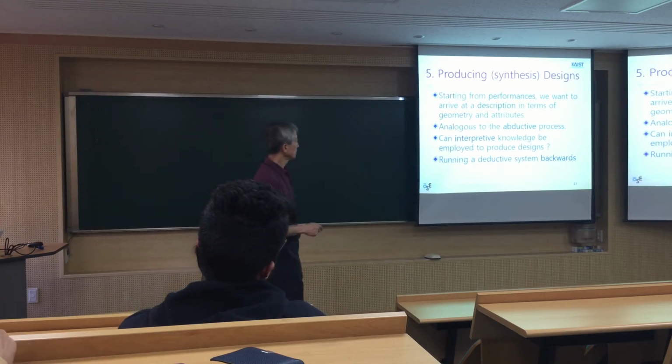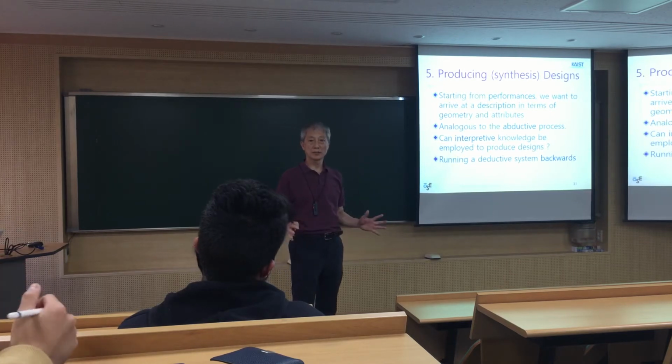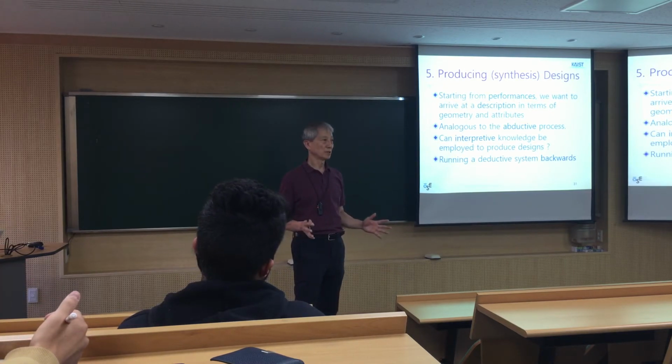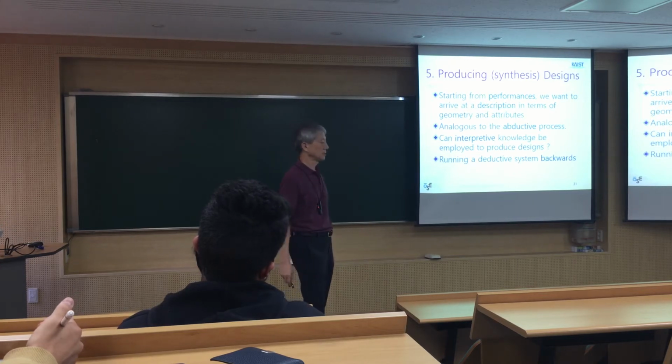Producing designs starting from performance, required performance, we want to arrive at a description. Description can be a drawing, can be a CAD model. Description of this pipe in terms of geometry and properties.